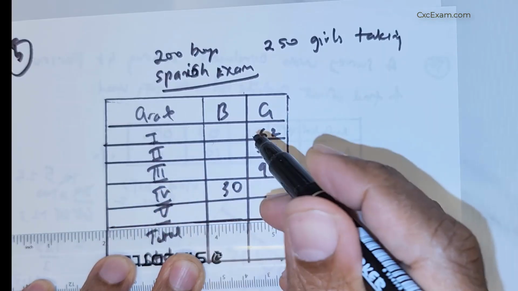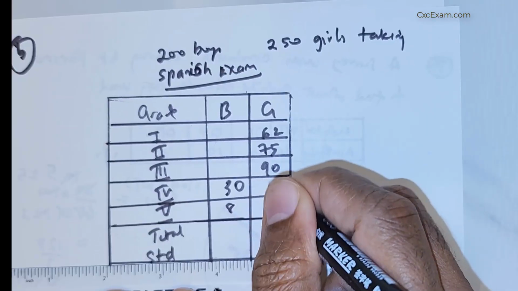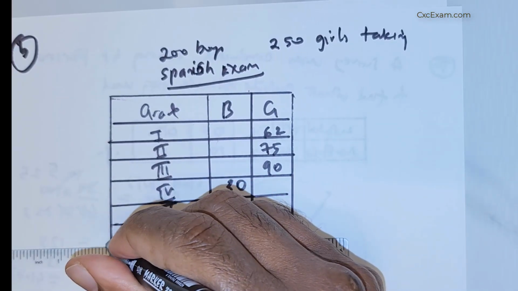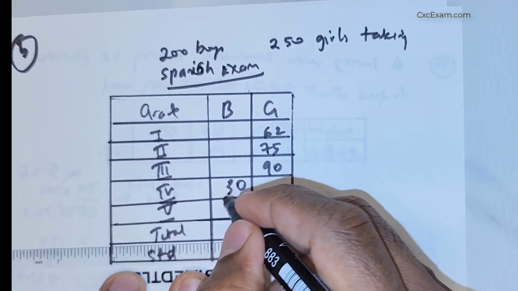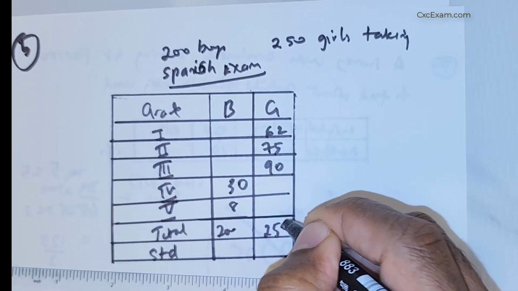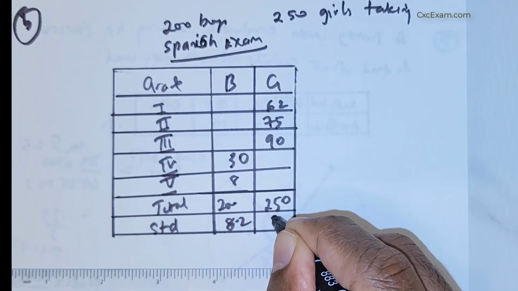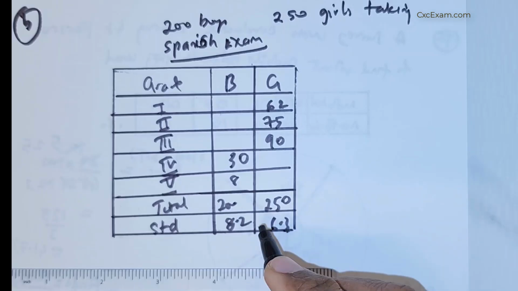Grade 5, 8 boys secure grade 5, but no information is given for girls. Total number of boys 200, total number of girls 250. Standard deviation is 8.2. Standard deviation is 6.3.